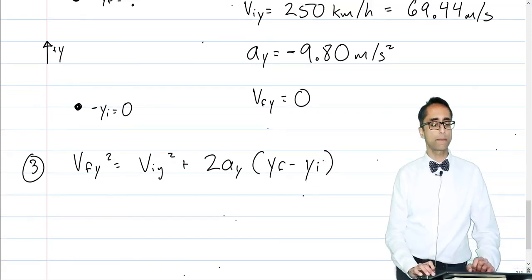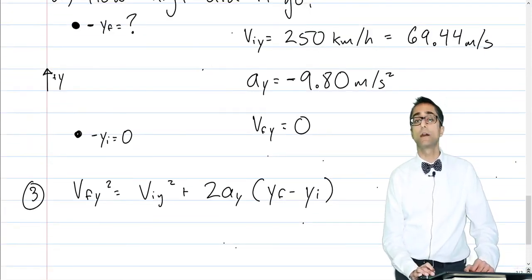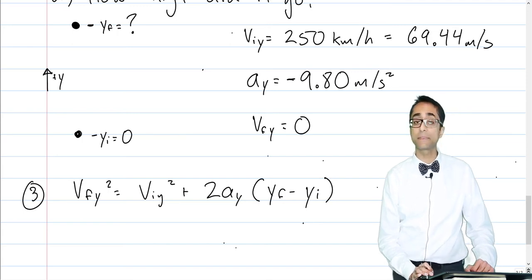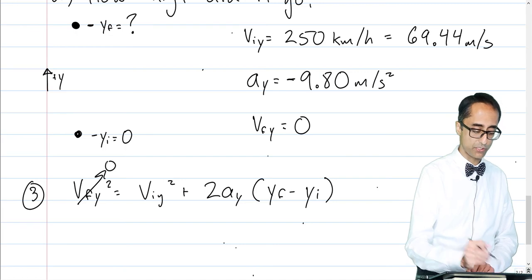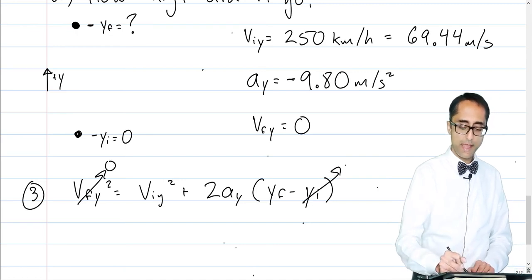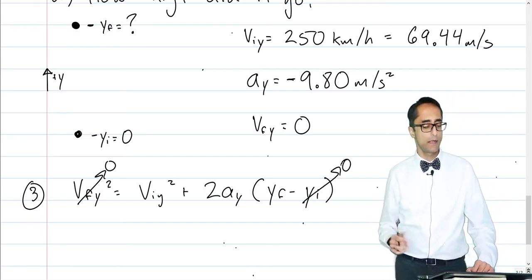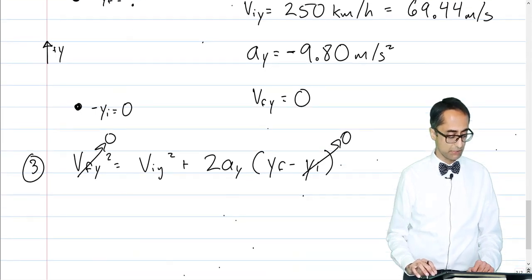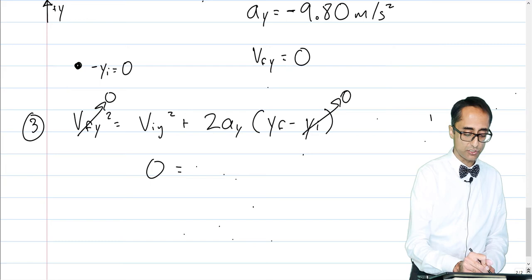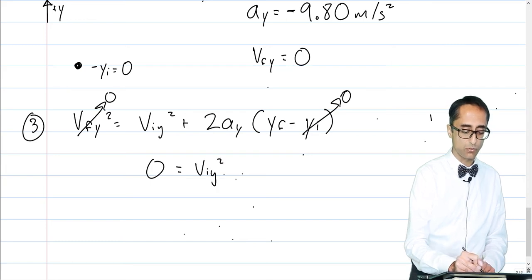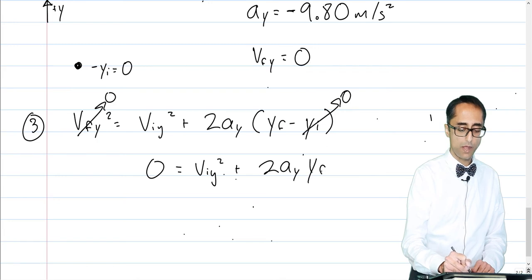And as I've always recommended, let's keep the letters until the very, very last step. But if something is equal to 0, get rid of it now to simplify your algebra. So final velocity was 0, as is per usual. Our initial position equal to 0, leaving us a much, much simpler equation of just 0 equals v initial y squared plus 2a y final.